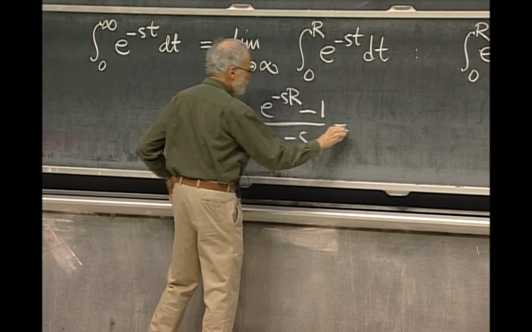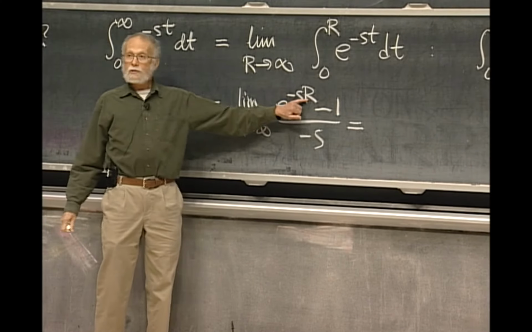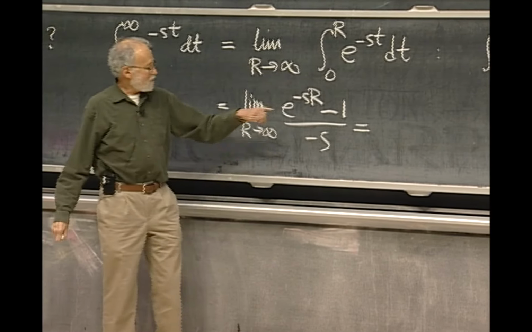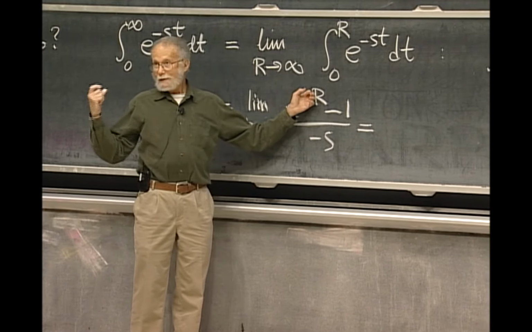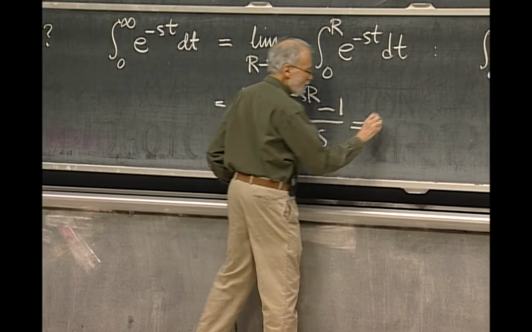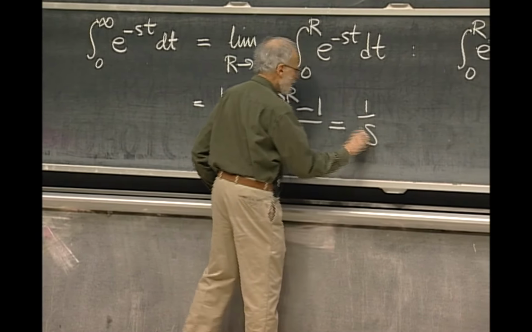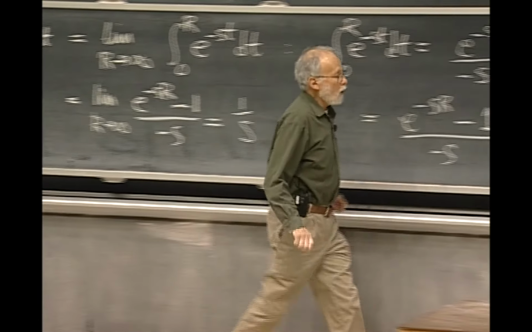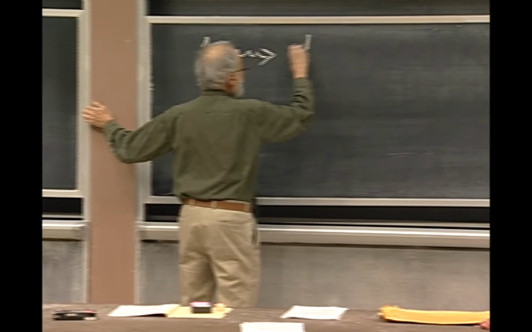Now what's that? Well, as r goes to infinity, e to the minus, like minus 2r or minus 5r, goes to 0. And the answer is minus 1 over minus s. So that's 1 over s. And so that's our answer. Let's put it up here. It's 1 over s. Except it isn't.